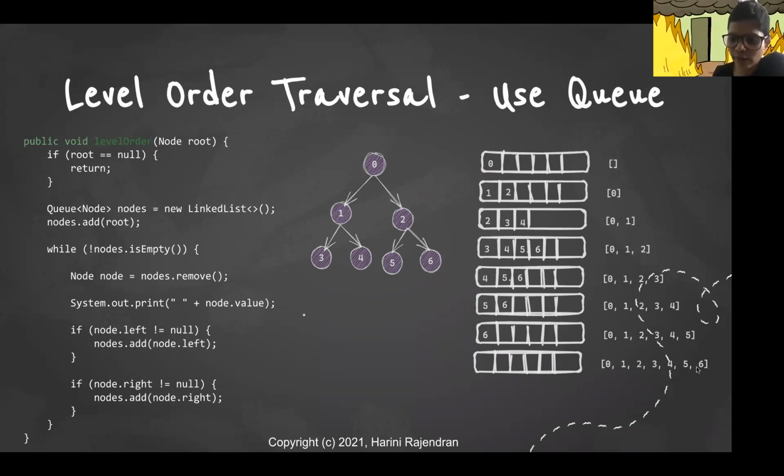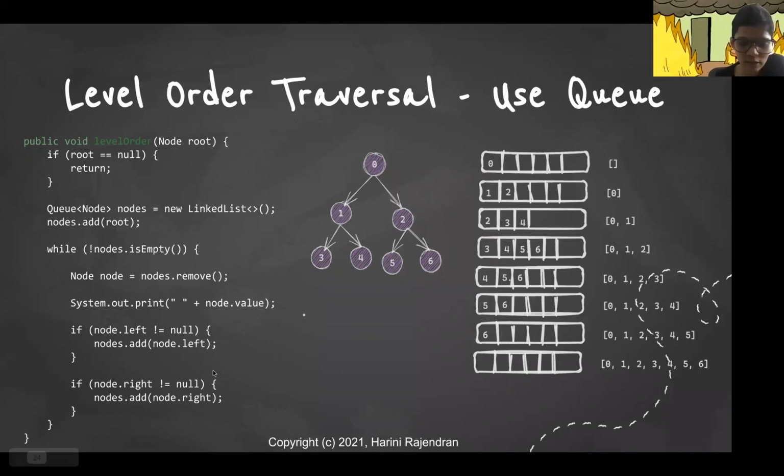So eventually, the result that we get is the level order traversal, which is 0, 1, 2, 3, 4, 5, 6. Just remember that whenever we need a level order traversal of a tree, a queue is the data structure that we can use to get it.